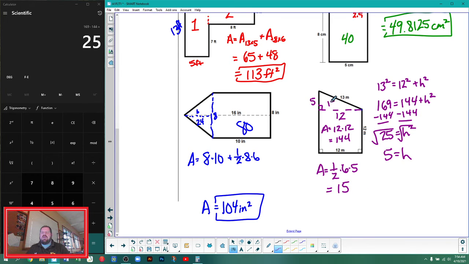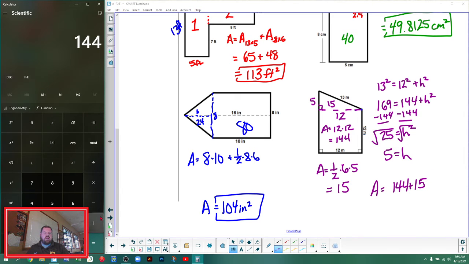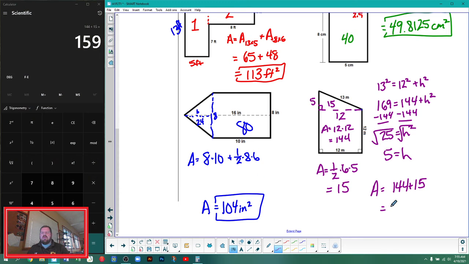So the area up here is 15. So the total area is going to be 144 plus 15. And just to check that, we get 159, and those are meters squared.